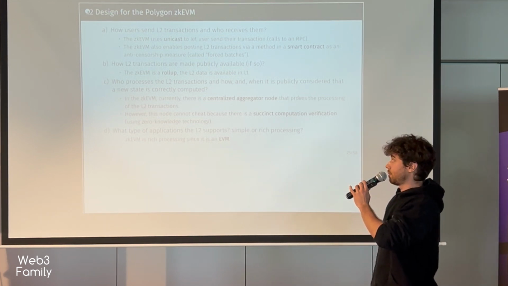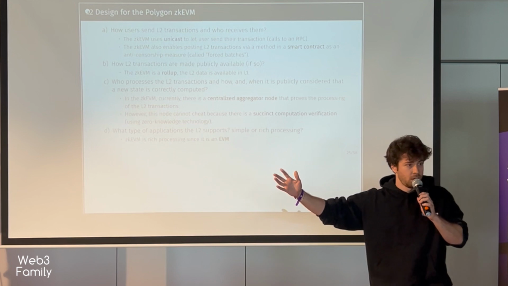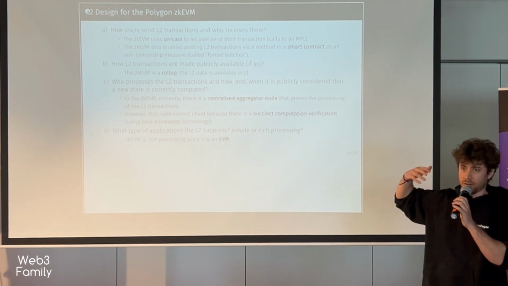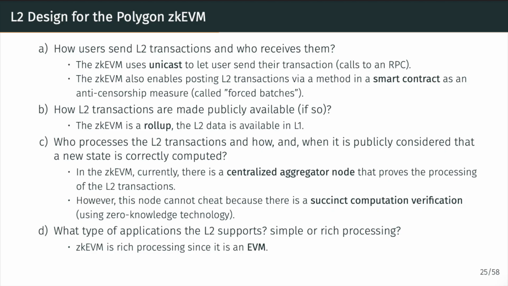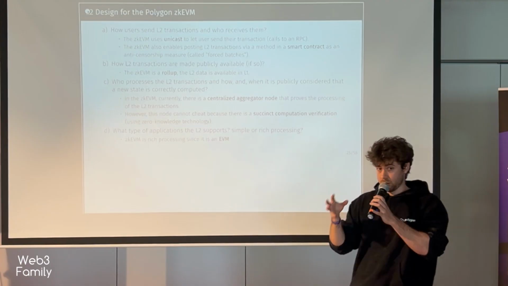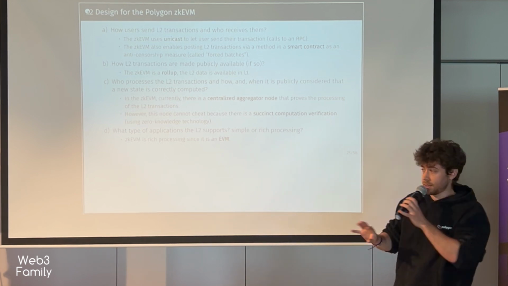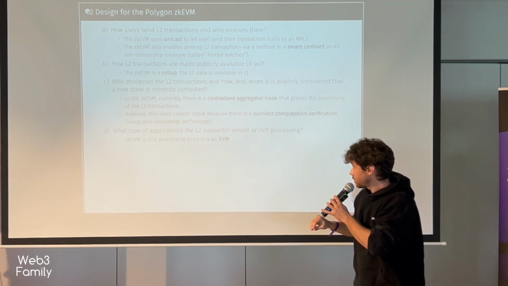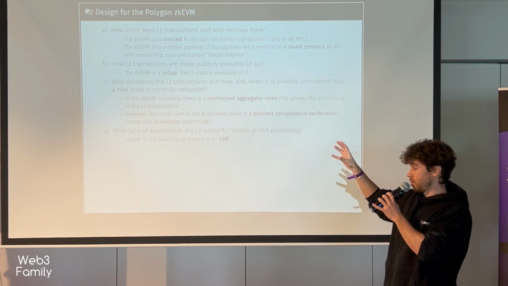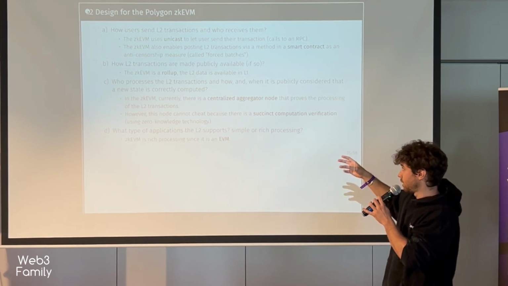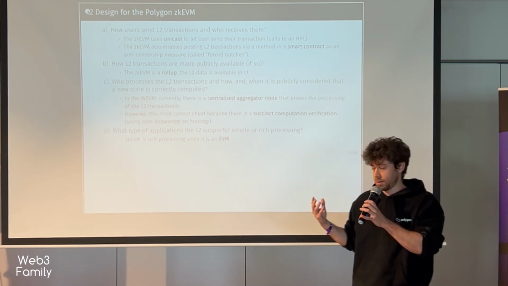So this is a summary of all the questions, but answered thinking about the Polygon zkEVM. As I have said, we use unicast for the users sending the L2 transactions. We consider our product a rollup because we are consolidating the data availability on Ethereum, and we are a zk rollup because we are using a zk executor.